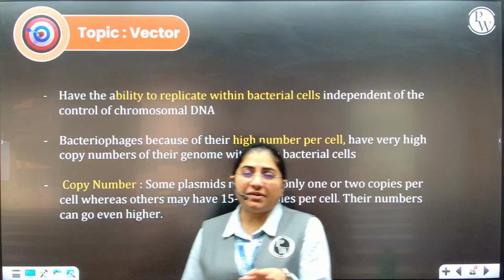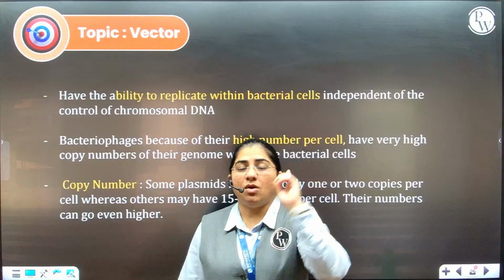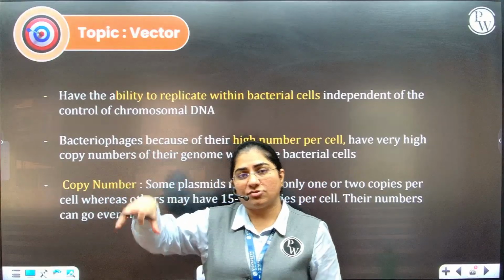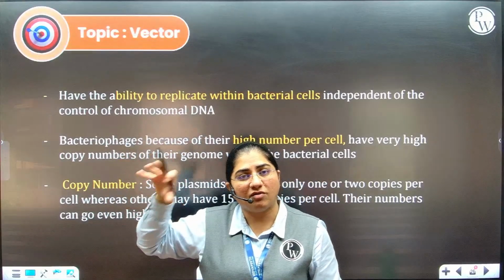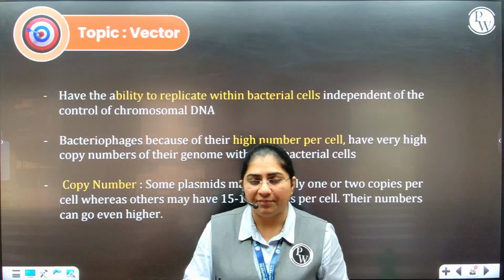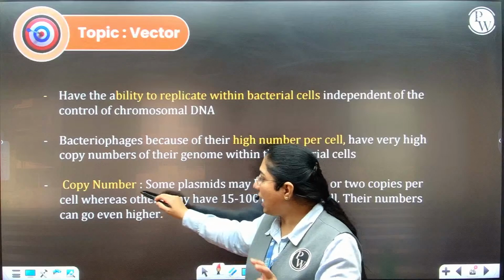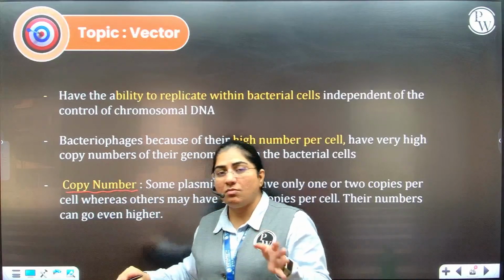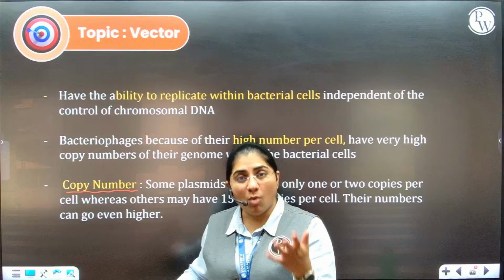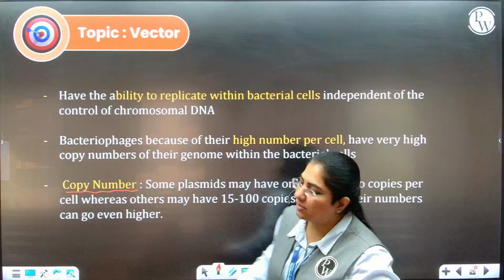Yes. A vector should be capable of replicating itself irrespective of the control of the genome or chromosome of the host itself. Second, it should have a high copy number. The number of times that it can replicate within the host is its copy number. The more, the merrier. So the higher, the better.